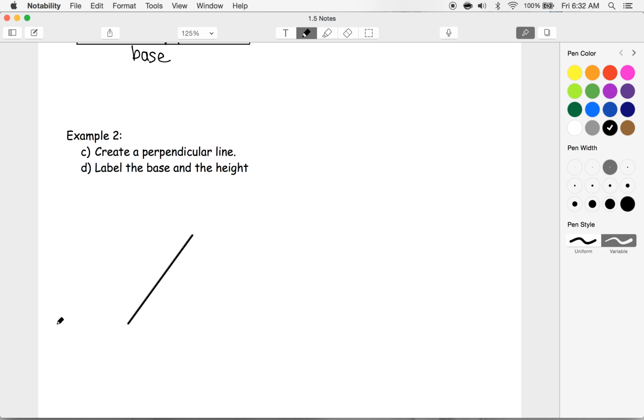Create a perpendicular line. So I need to create something that is straight in comparison to this guy. There's my 90 degrees. And I want to finish off my parallelogram now. A little bit extra on my parallelogram, that's okay. And go for another.